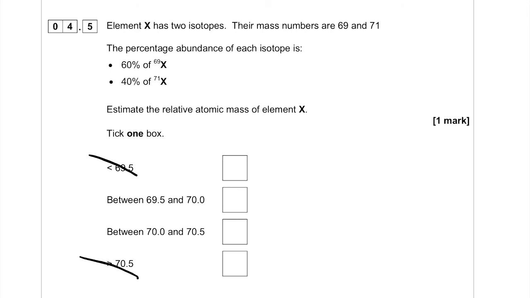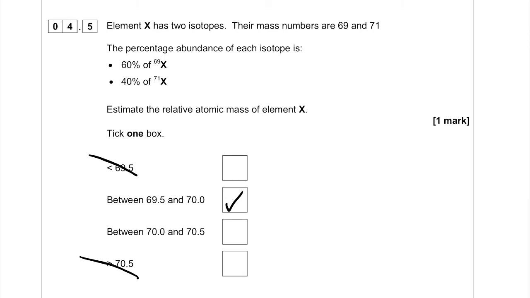The 50-50 average of these 2 mass numbers is exactly 70. But we know that it's weighted towards the low end, 69. So it is between 69.5 and 70. So that's the correct answer.